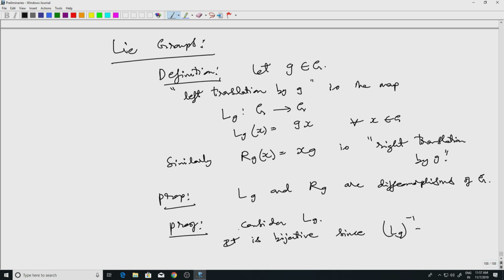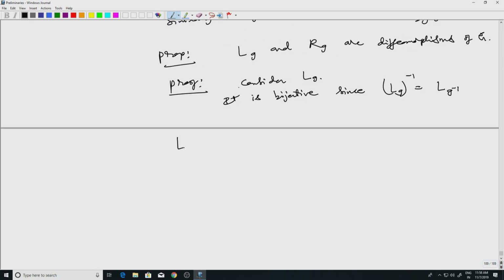The inverse of L_g is just L_{g inverse}. So in other words, if I do L_g composed with L_{g inverse} acting on x, I get by definition g times L_{g inverse}(x), which is the same as g multiplied by g inverse multiplied by x, which is x.